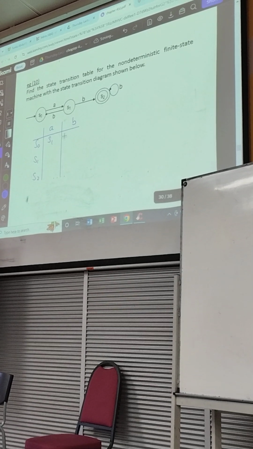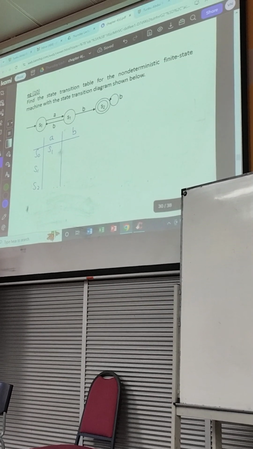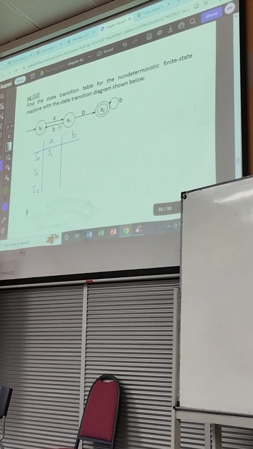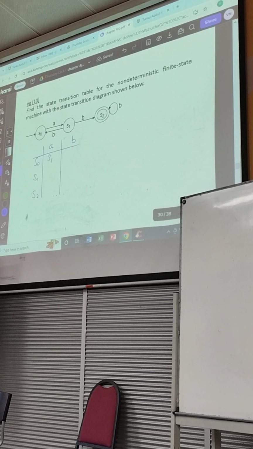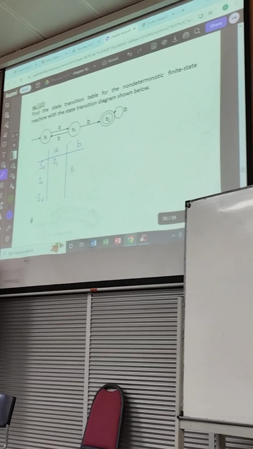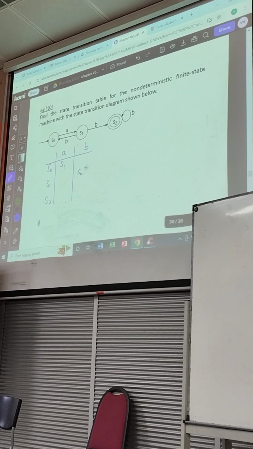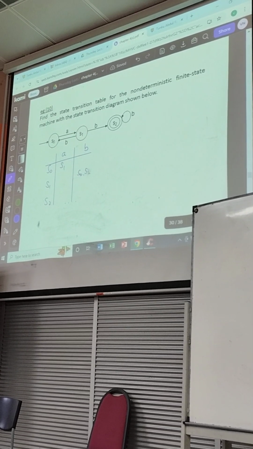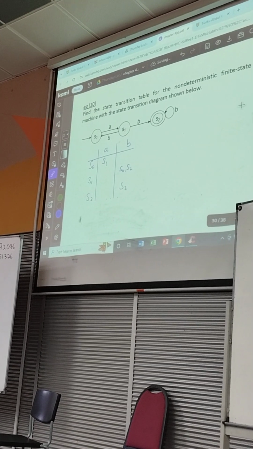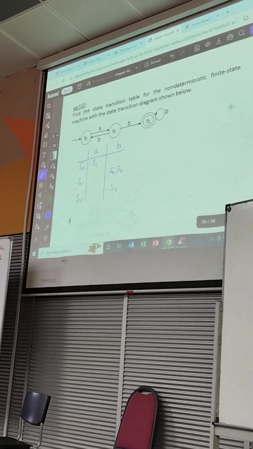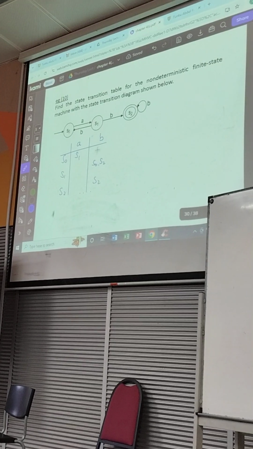Input B don't have. S1 input A don't have. S1 input B goes to S0 and S2. And S2 only has input B going to S2. If there is nothing here, you can put empty set.